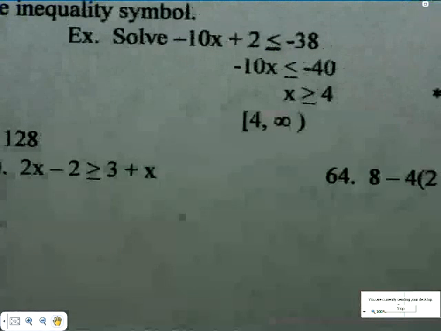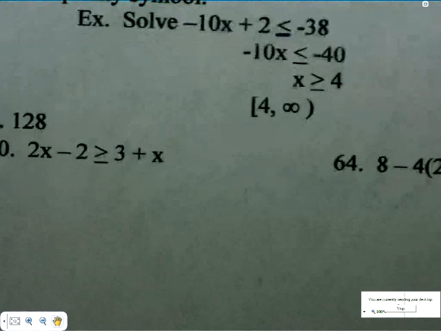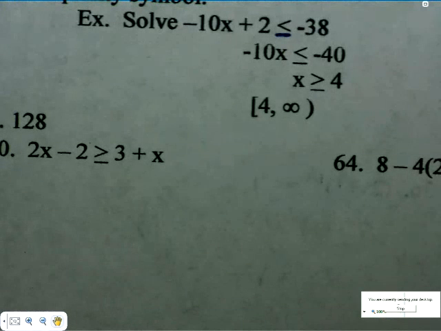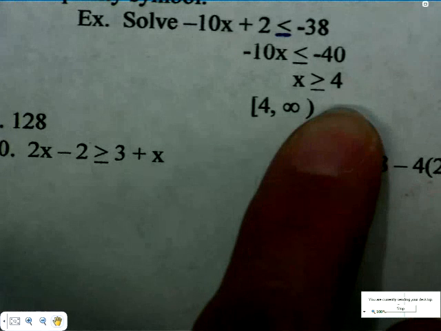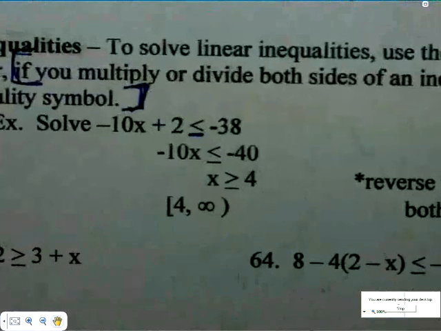So you reverse the symbol if that was positive 40 divided by negative 10, and if negative 40, still reverse the symbol because you're dividing by a negative. That's the key, dividing by a negative. It doesn't matter if you end up with a positive or negative number on the right-hand side. Exactly. Might even want to highlight that. If you multiply or divide both sides of an inequality by a negative number, you reverse the inequality symbol. And that's the only time you reverse it, if you multiply or divide by a negative.